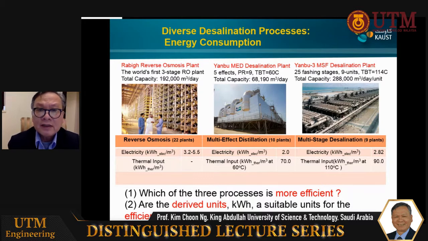For thermally driven plants like MED or MSF, they are given by both electricity and thermal input. For MED, the electricity is about 2 kilowatt hour electric per meter cube, but the thermal input is given as 60 to 70 kilowatt hour per meter cube, and slightly higher values for multi-stage desalination.